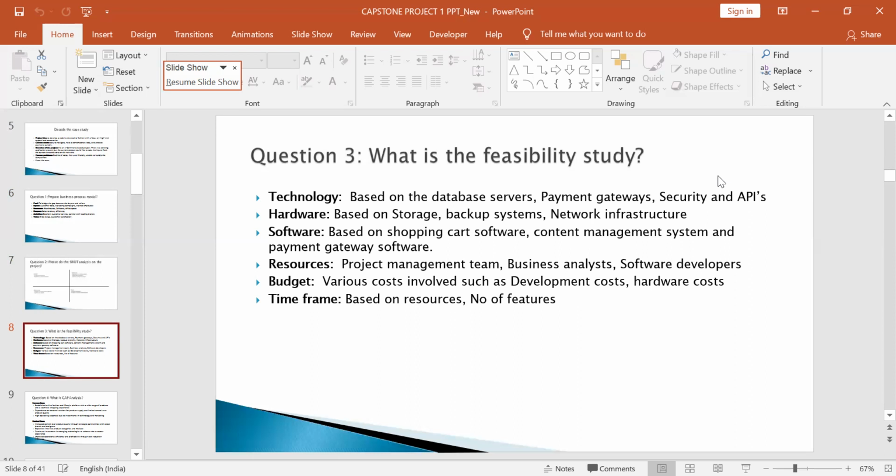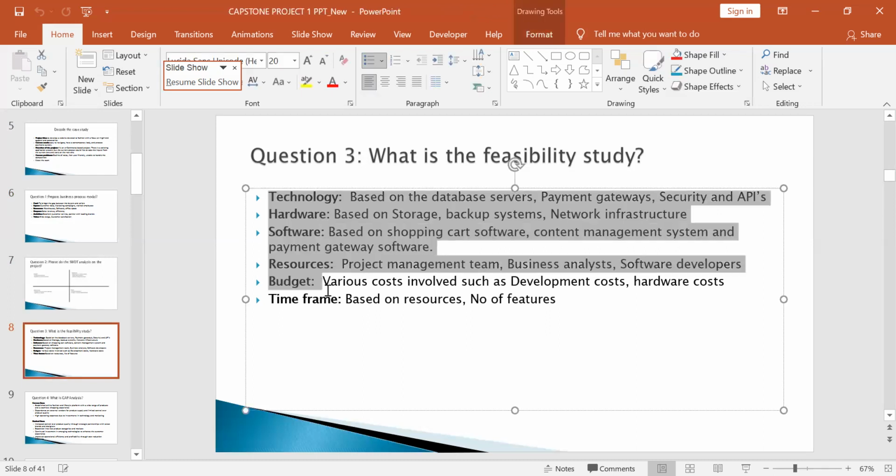See, suppose we have a technology feasibility study, the hardware and the software feasibility study, and the resources, the budget and the time frame. So you have to give the feasibility study. You have to calculate the feasibilities at the beginning of the project.